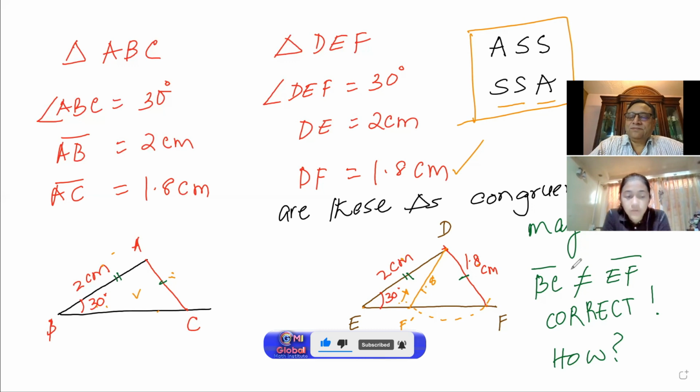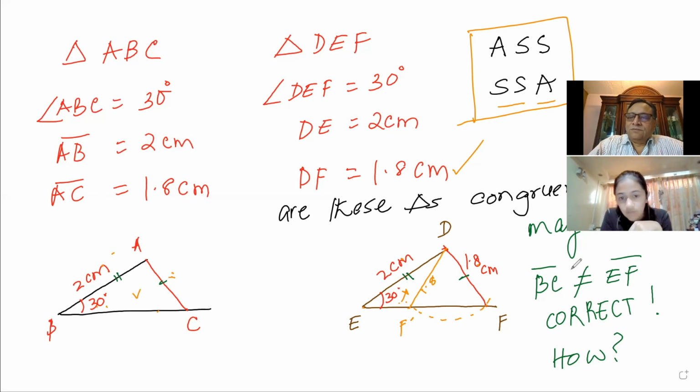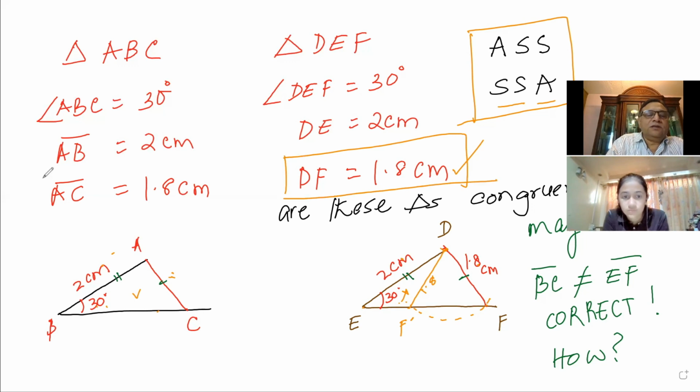Because maybe the segment which we didn't have the measurement for could not be the same. So at that time you have to draw using a compass. You have to draw an arc there and see whether the same measurement is there. If it is not the same measurement, then they are not congruent. Got it. Because with the second side given, with the angle on one side, we make one point, and from that point to make the third side equal, as we did, we have two possible triangles.